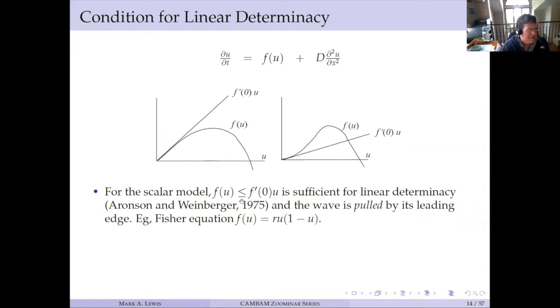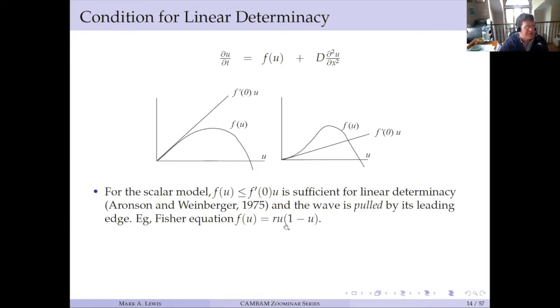And so it turns out that a sufficient condition for linear determinacy is that we have something that looks like the picture on the left, where the linearization lies above the nonlinear function. And in that case, we say that the wave is pulled by the leading edge of the invasion, because this linearization is describing what happens at the leading edge, way out at the edge of where the population is spreading.